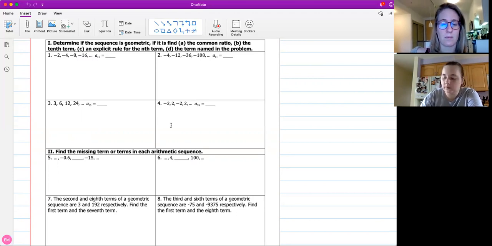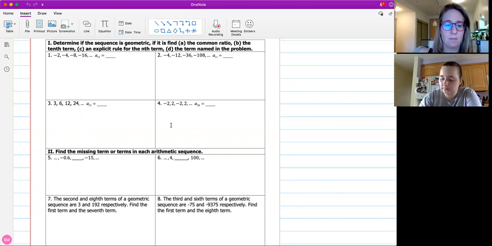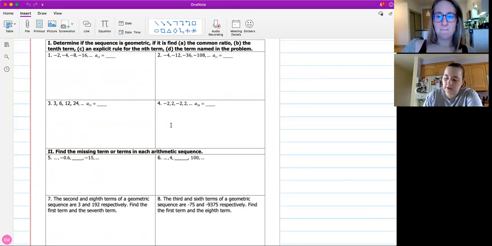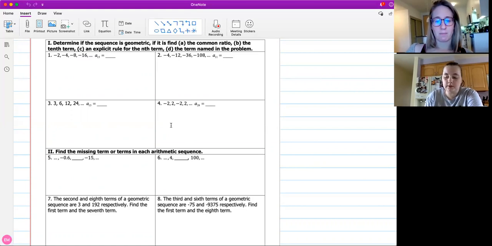So number 1, we're asked to find the common ratio, the 10th term, an explicit rule for the nth term, and then the term named in the problem. So let's find the common ratio first.